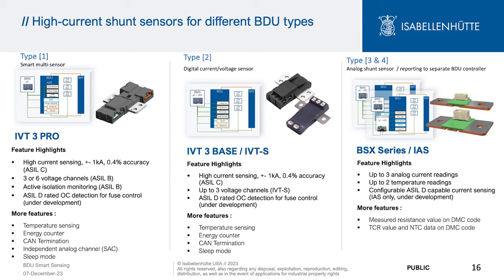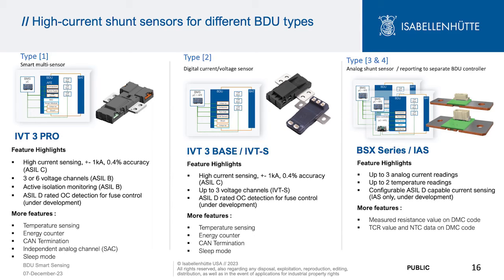Lastly, for our type 3 and 4 BDUs that have a complete analog BDU basically, and the analog front end is completely situated either in the BMS system or in the BDU controller, we recommend our BSX or IAS series.